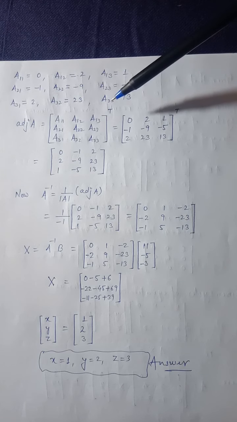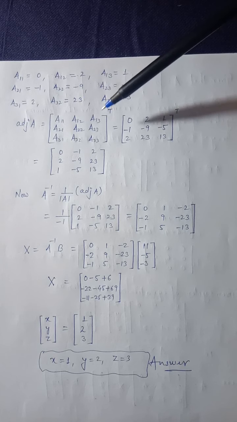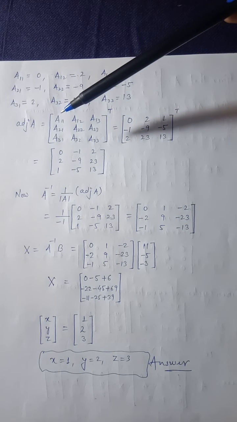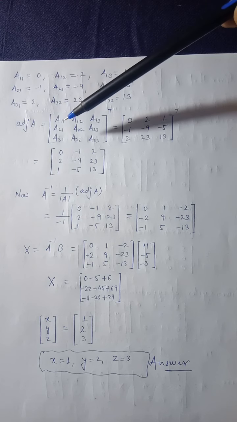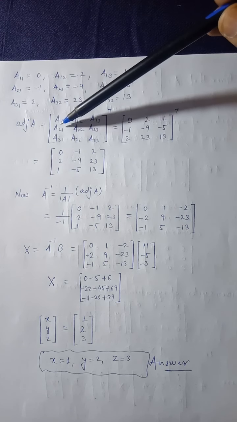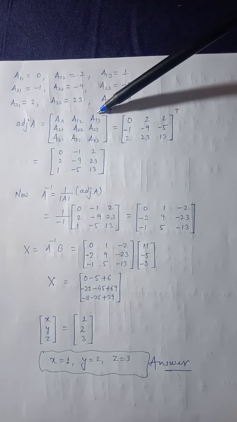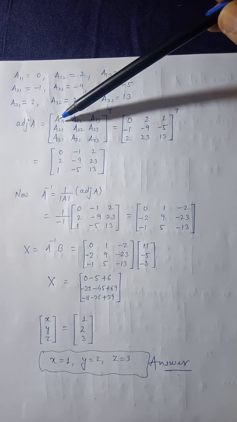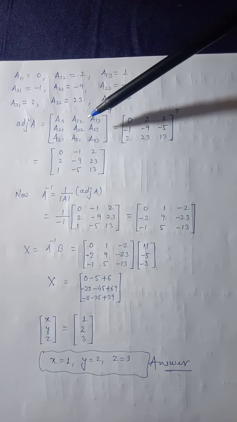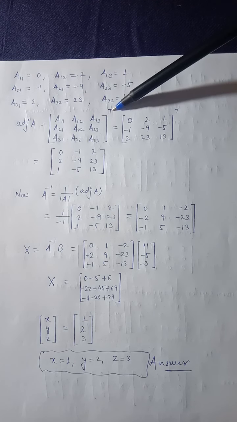Now we know how to find the adjoint. To find the adjoint, you replace the elements with the corresponding cofactors. So prepare a matrix which is a cofactor matrix: A11, A12, A13. See here, I am just replacing the elements and putting the values of the cofactors. Now take the transpose of this matrix.